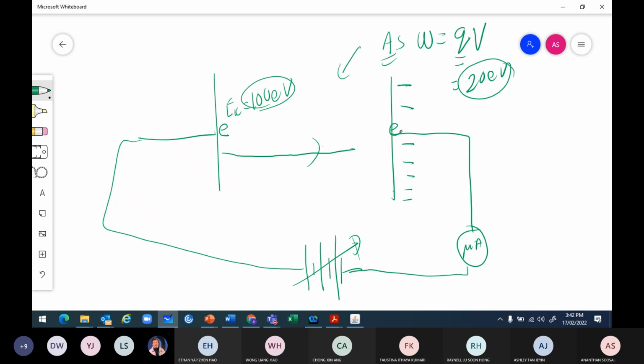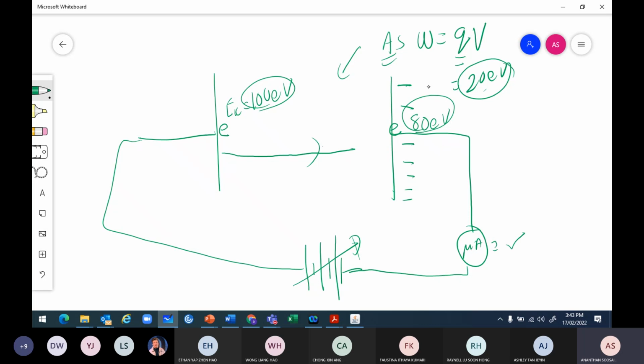Should be 80 eV, right? Because 20 eV is used by the electron to do work against the electric field, which is opposing it. Because the electron reaches here with 80 eV, do you still get current? Yes, you will still get current here.